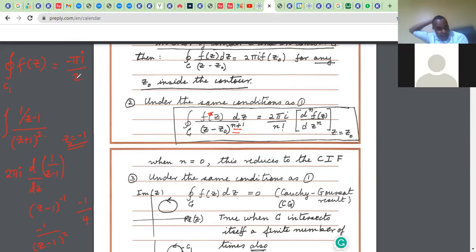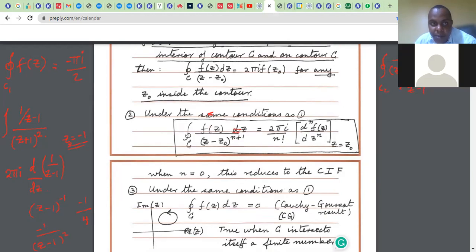And then let's do the same integral around C2. So this is going to be the integral of 1 over (z plus 1) squared, over z minus 1, dz. But now in this case, we are going to use Cauchy's formula.